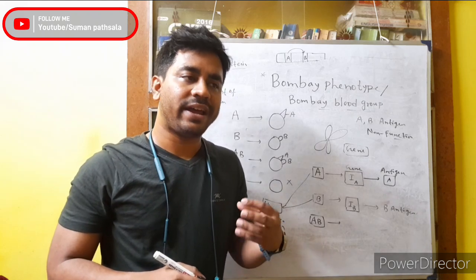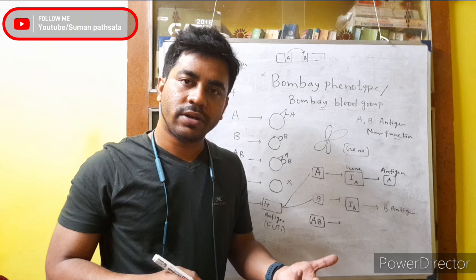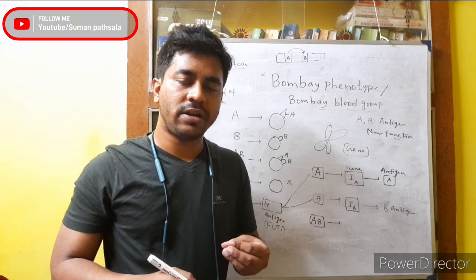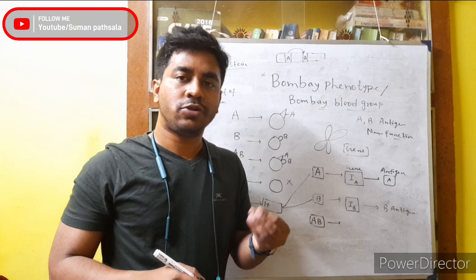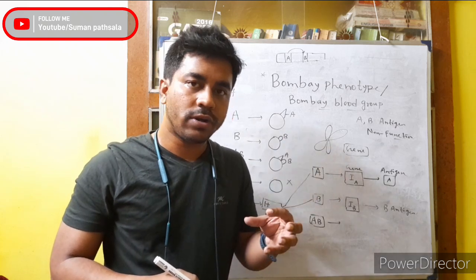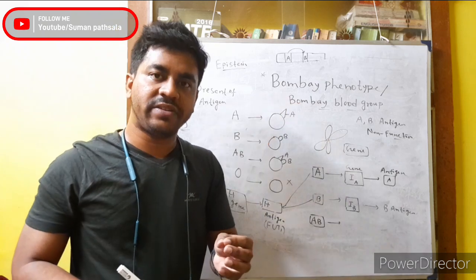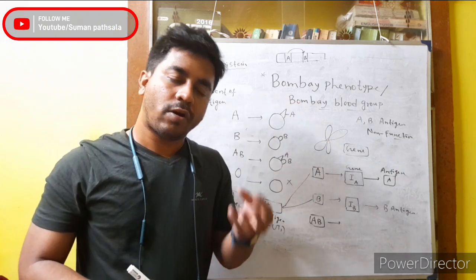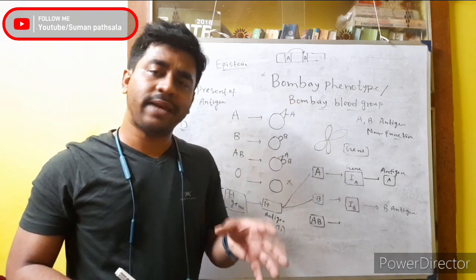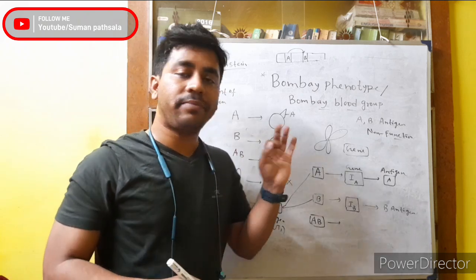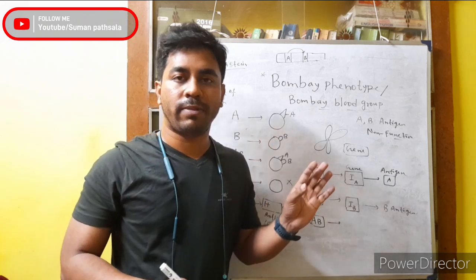They can donate to anyone of any blood group, but when they need blood, they take it only from O. In the same way, Bombay blood group patients take blood only from O, same like O, but they are not O. That is the main phenomenon of the Bombay blood group.